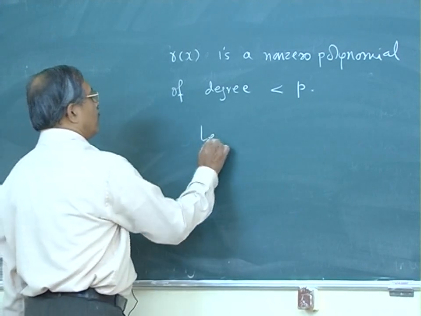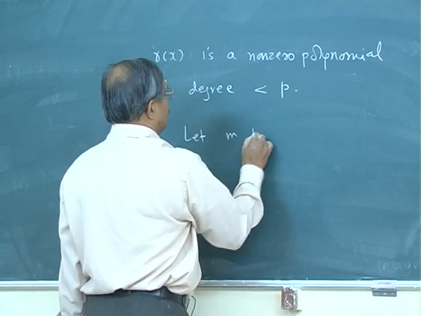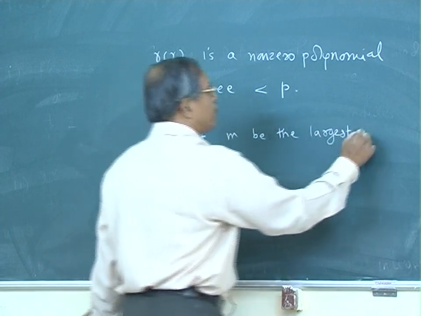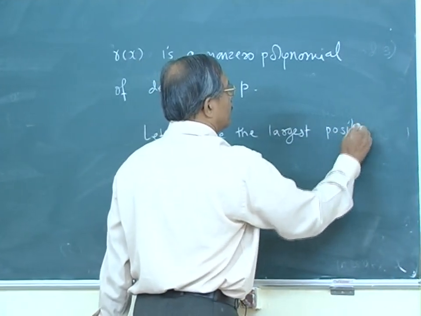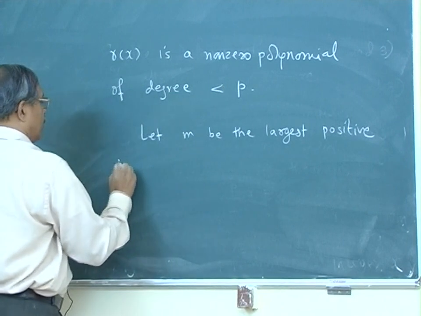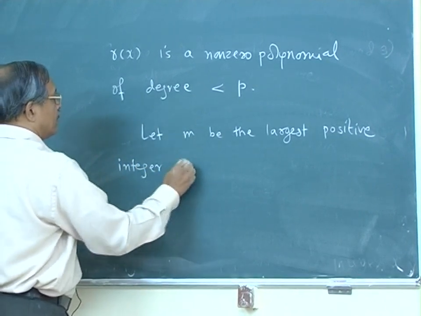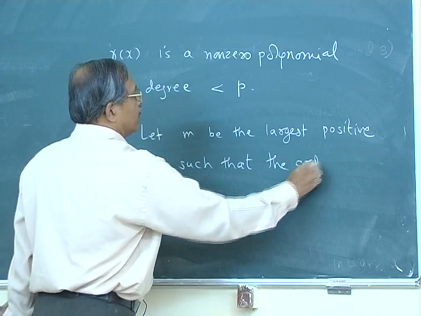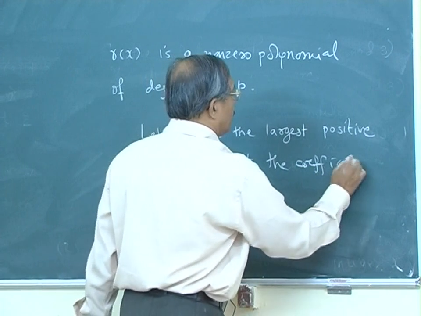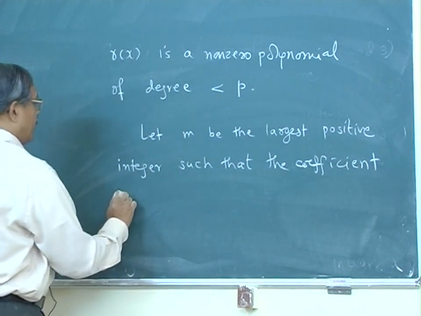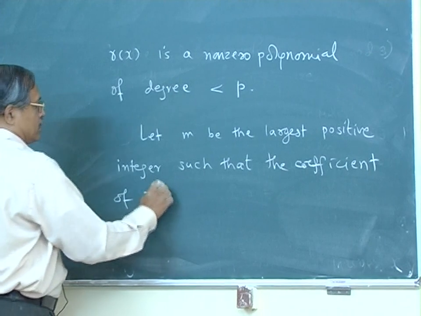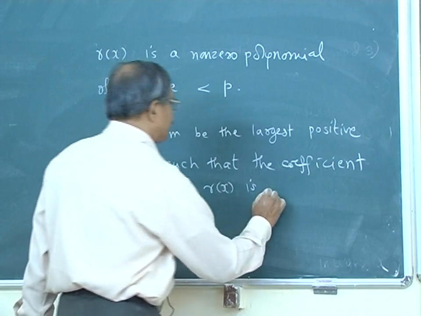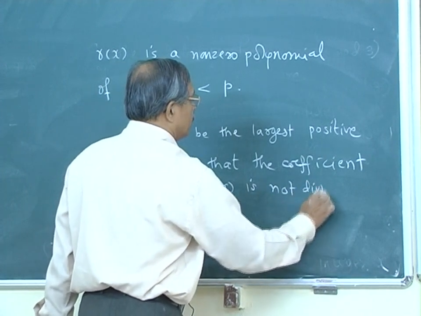So let m be the largest positive integer such that the coefficient of x raised to m in R(x) is not divisible by p.